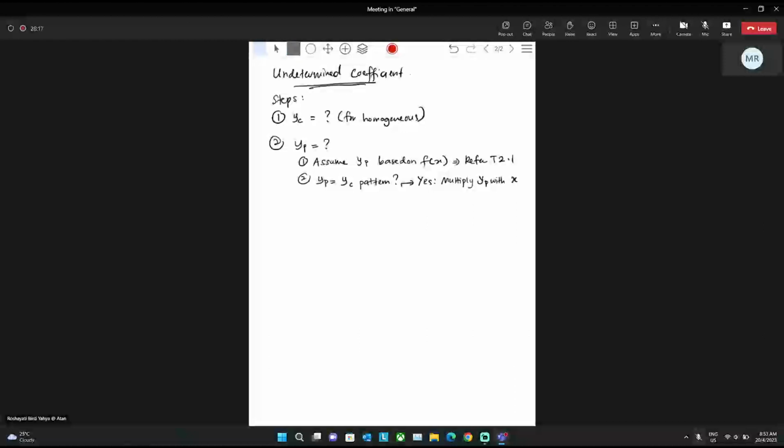Okay, so if yes, multiply yp with x until the pattern yp not same with yc. And then if you check no, the pattern not similar, not same, so that you just stop.